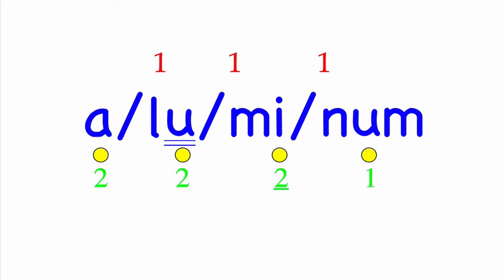Num, 3 sounds, n, u, m. A, lu, mi, num. Mark the word, and once you've completed doing so, advance the video. A, lu, mi, num. U is double underlined because it's representing its second long sound, u.